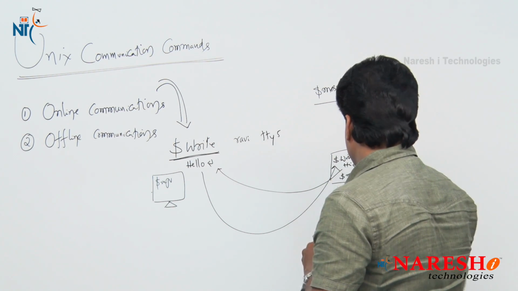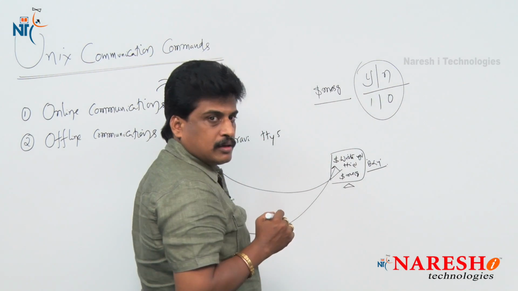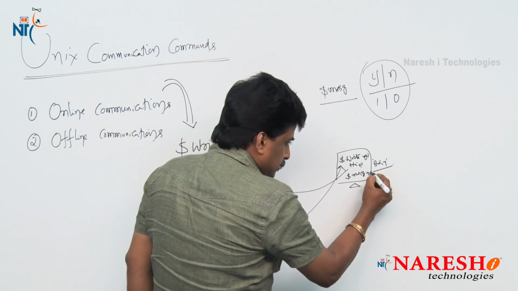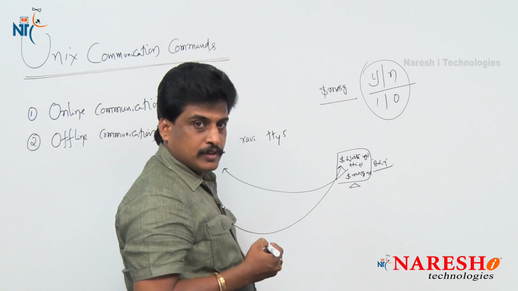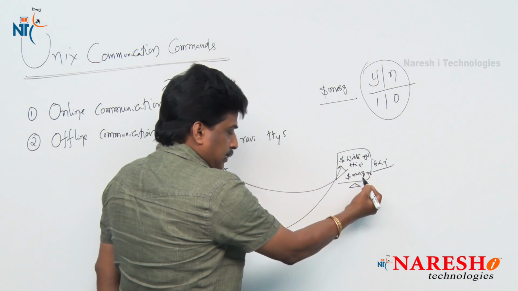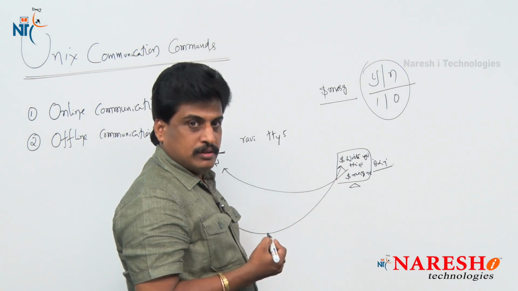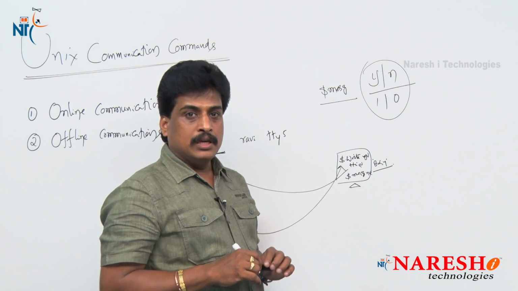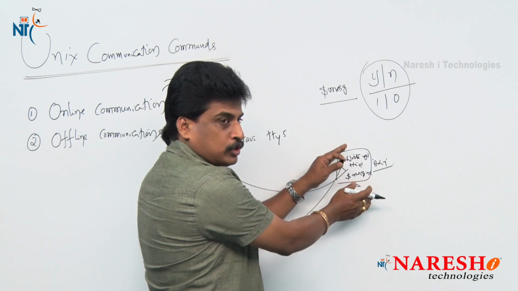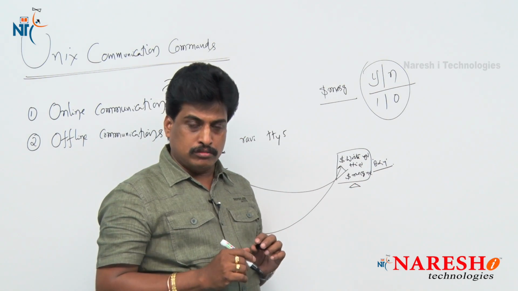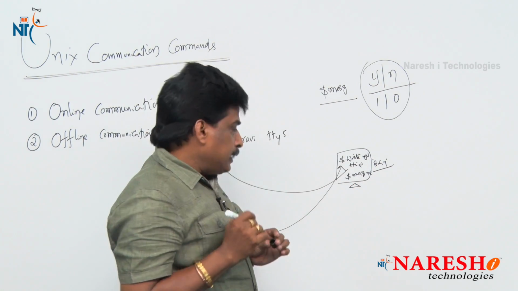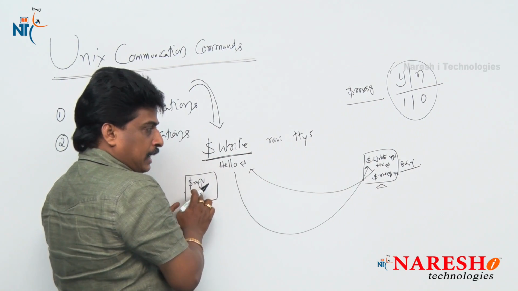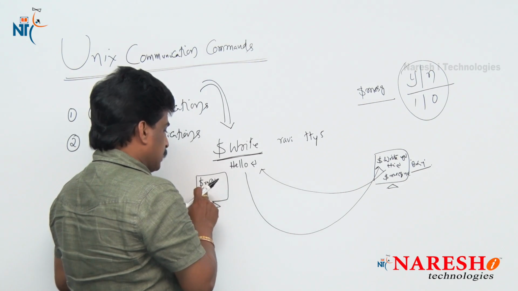Now for example, with MESG, Raju is a little busy. Raju types MESG N and hits the return key. Once Raju hits the return key, it gives one message, write permission turned off. It means no users are able to interact with Raju's terminal. For example, now from here Ravi is available and is going to communicate with him.